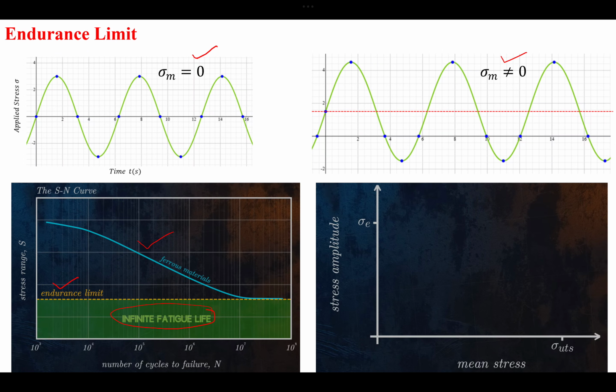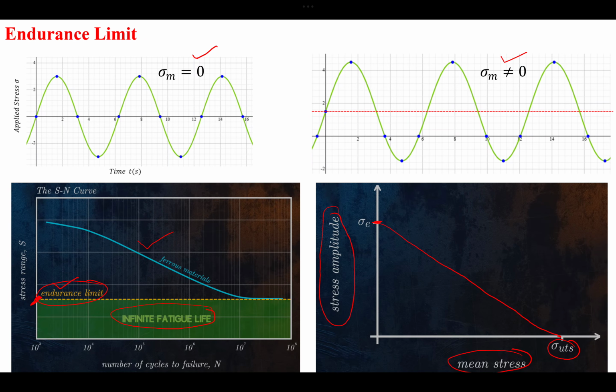So you would plot this mean stress on the horizontal axis and your applied stress on the vertical axis, and you get the endurance limit of the material from here. Okay, so we actually know the endurance limit, and we have the ultimate stress of the material as well. So what we do is we join them.